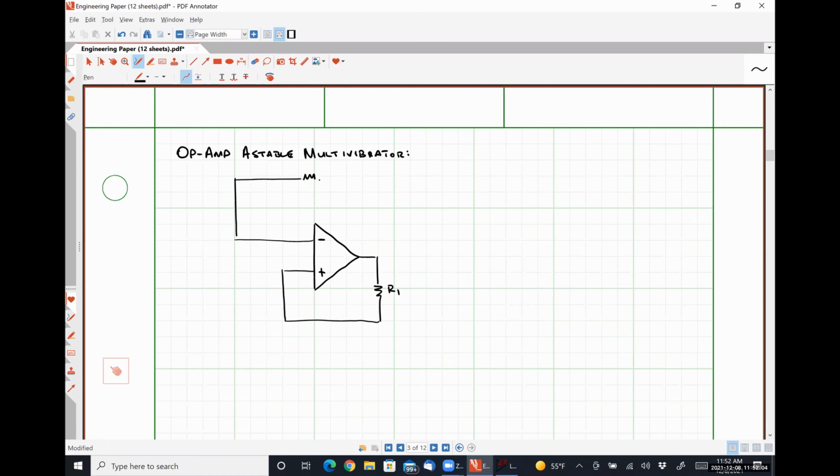We are also going to have a negative feedback resistor that I'm just going to call R. Here is R2.